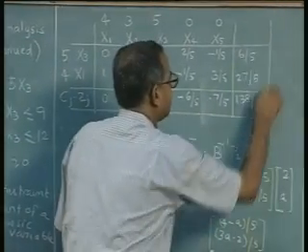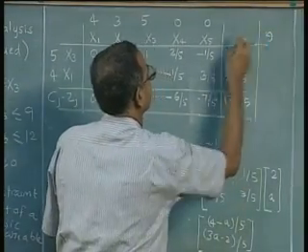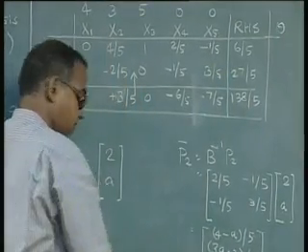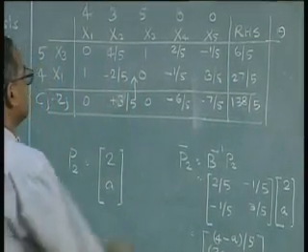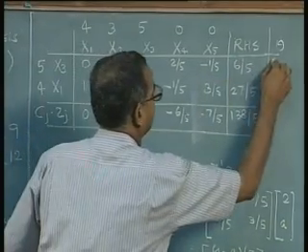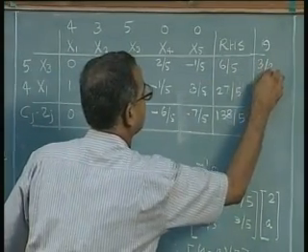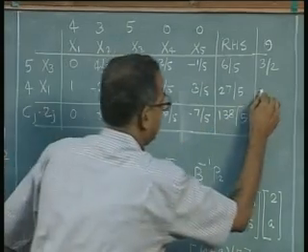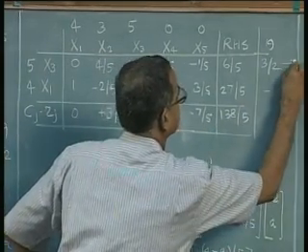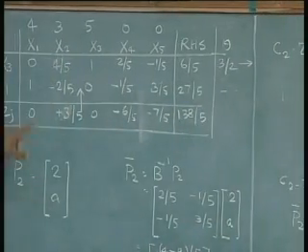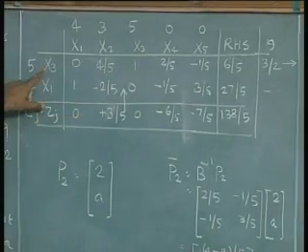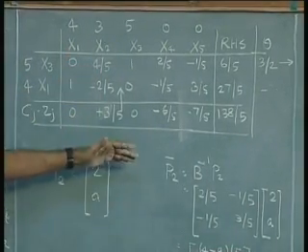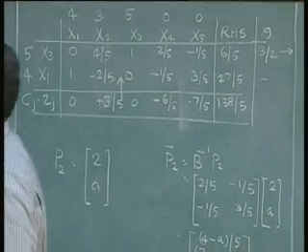We need to find out theta for the leaving variable. So, 6 by 5 divided by 4 by 5 is 3 by 2, 27 by 5 divided by negative, so we do not divide, this becomes dash. So, variable x2 enters and variable x3 leaves the basis. We need to do simplex iterations till we get to the optimum, and that is shown here.